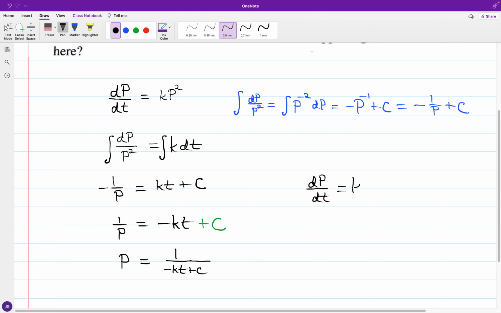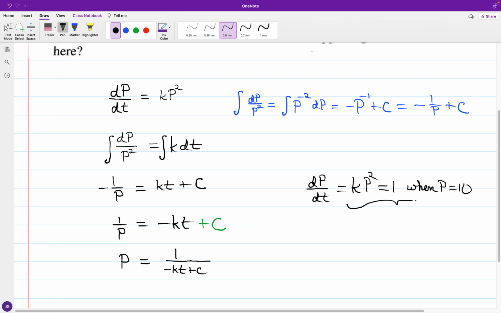So dp/dt is equal to kp squared is equal to 1 when p is equal to 10.